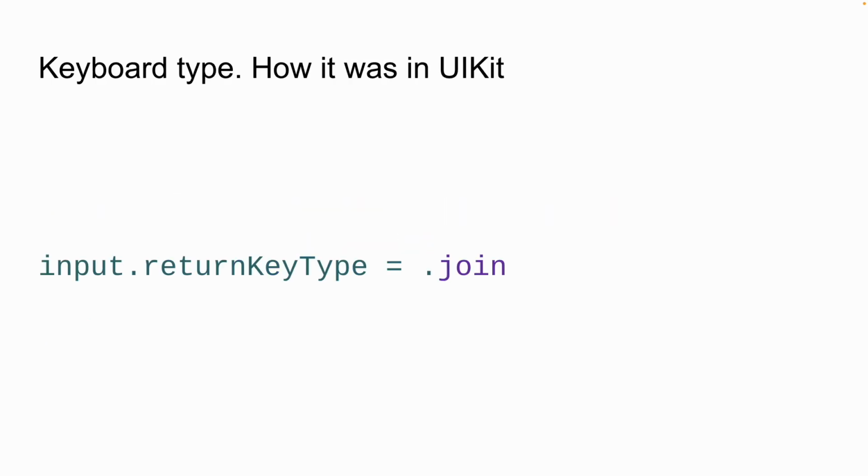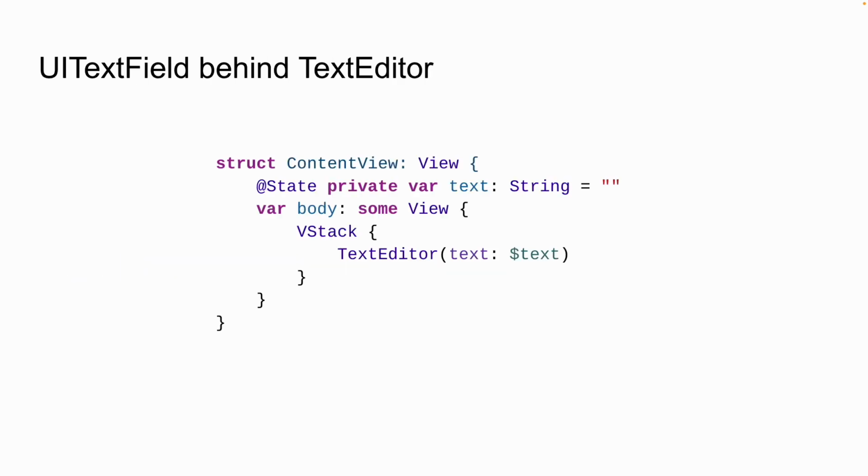So I'll remind you how it was in UIKit. No magic, just one easy property in the label, returnKeyType. We could apply this value, like join, and that's all we need to do. To do something similar without iOS 15 and later, we could inspect what we really have in this text editor, the usual text input for SwiftUI.